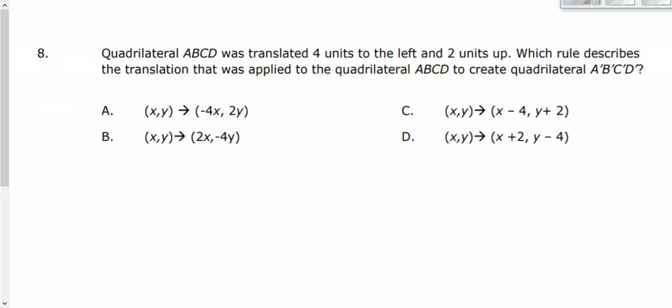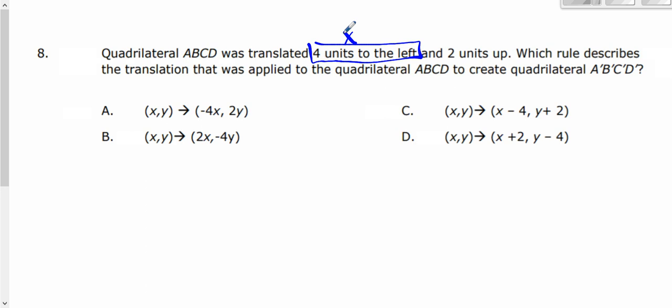Number 8, quadrilateral ABCD was translated 4 units to the left and 2 units up. Which rule describes the translation that was applied to the quadrilateral ABCD to create quadrilateral A prime, B prime, C prime, D prime? Okay, so we want to go 4 to the left, which would change my X values.